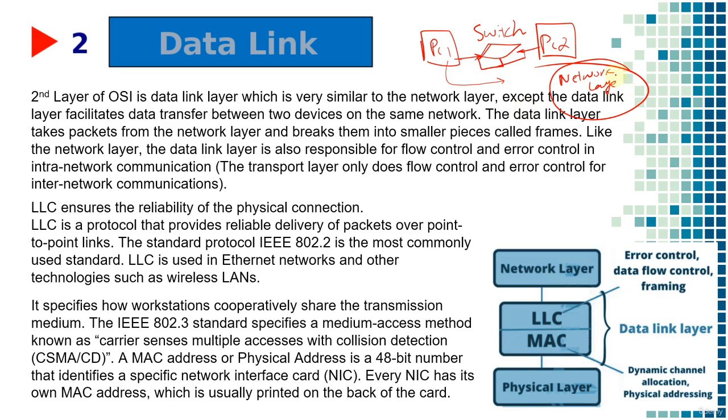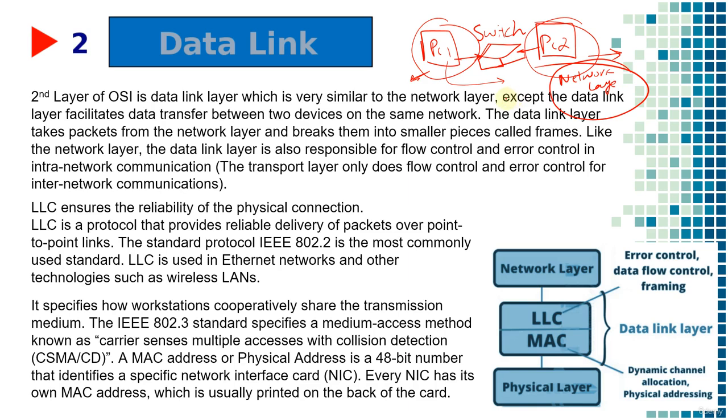The network layer always comes in handy when these two systems are separated from each other, either physically or logically. And the IP addresses being used over here are different from PC2. If you're not familiar with what an IP address is, it's just like your ID card.